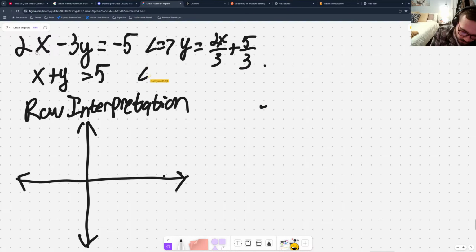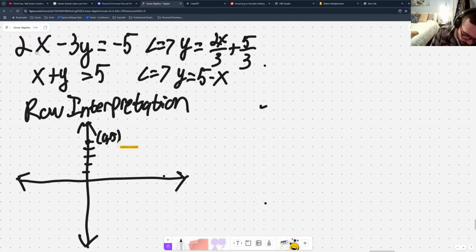And we could think of this one as y equals 5 minus x. And then we could graph these. 1, 2, 3, 4, 5. This is the point 0, 5. And 1, 2, 3, 4, 5. This is the point 5, 0.